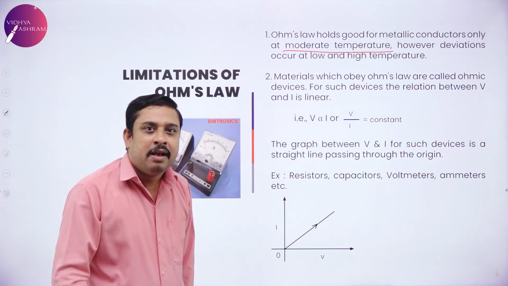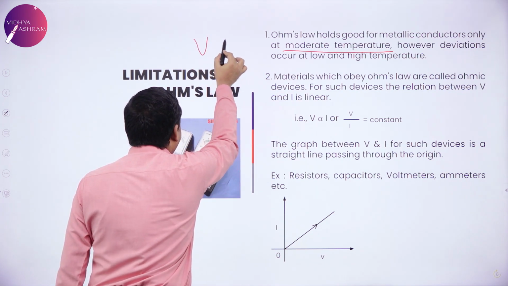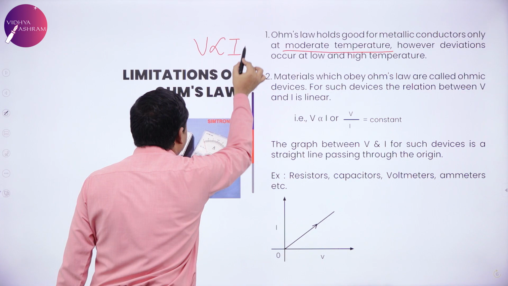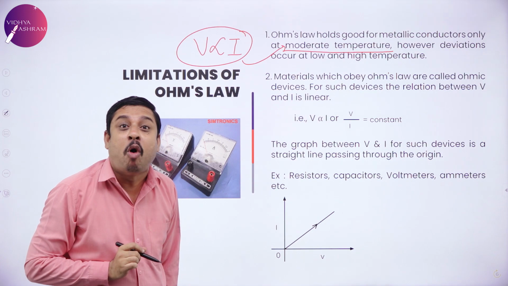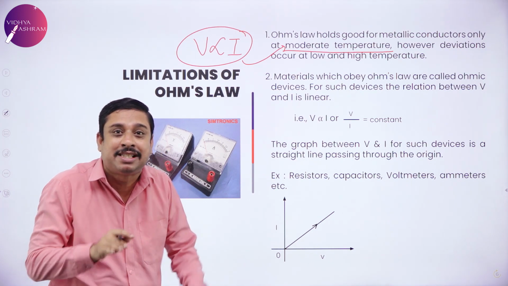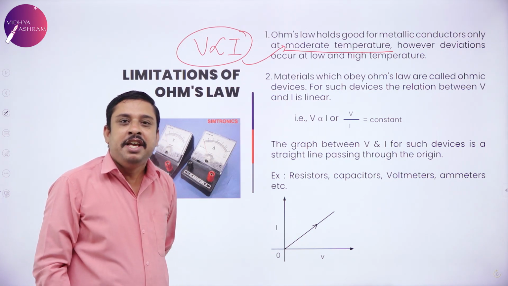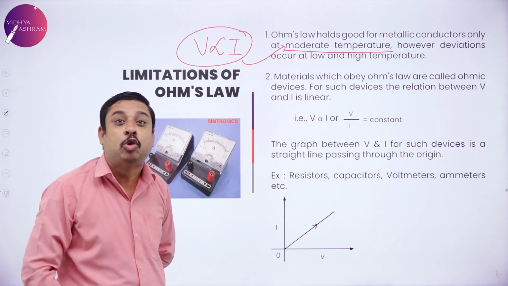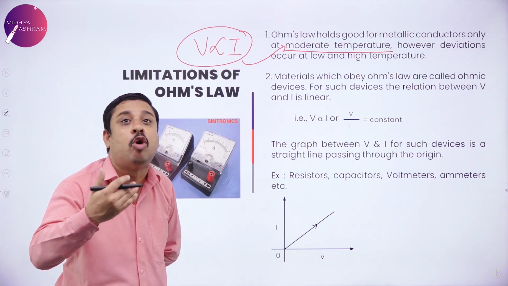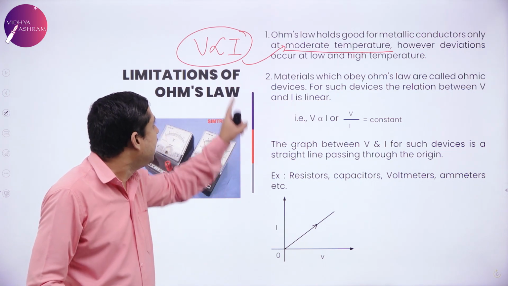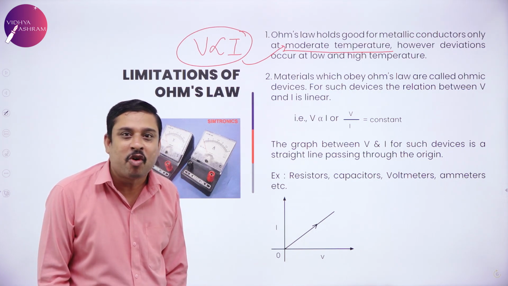That is, the very validity of the expression of voltage becoming proportional to current happens only at moderate temperatures. If temperature is constant, it holds; if the temperature goes on changing, then the establishment of Ohm's law breaks down. That is, the expression V proportional to I is no more valid.